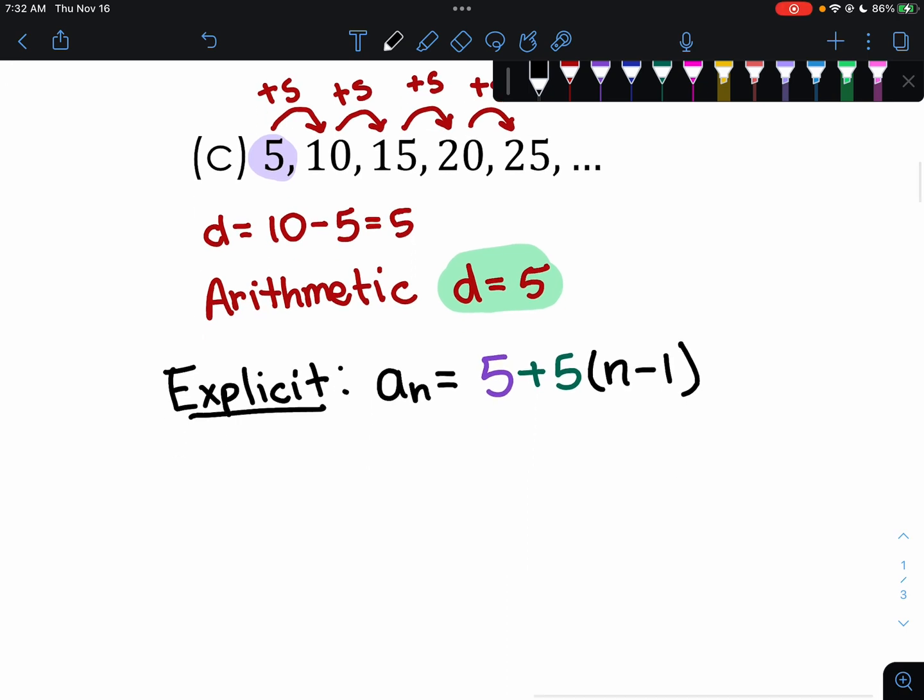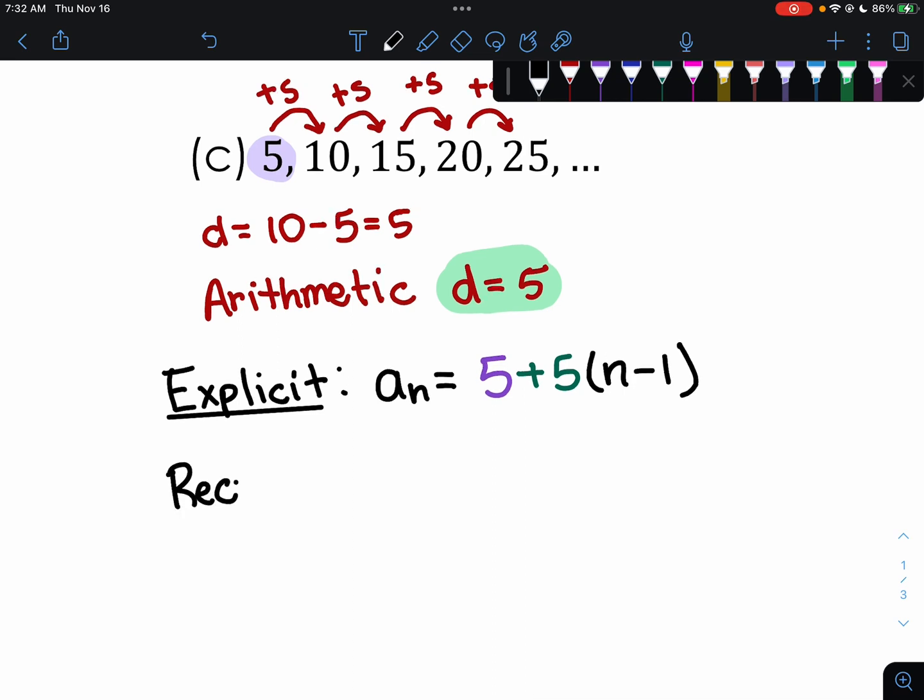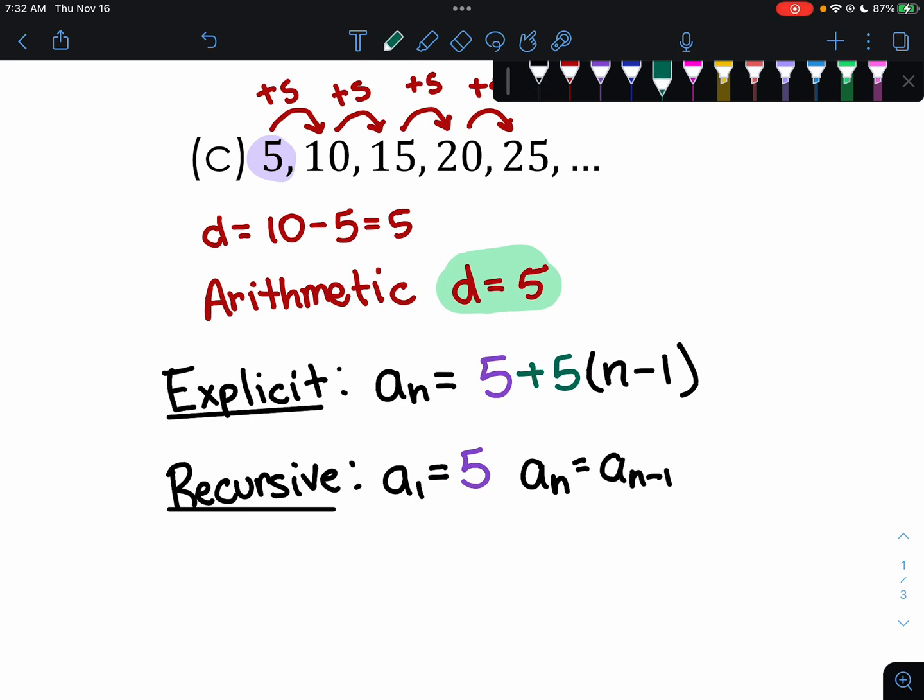That would be it for our explicit formula. For our recursive formula, we need the same things, it's just written in a different way. I state my first term, which is 5, and then a sub n equals our previous term, and this time we're adding 5 for the common difference, so plus 5.